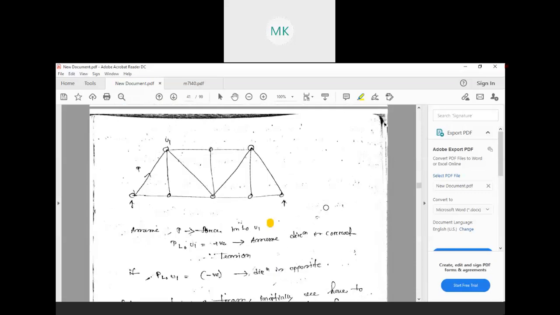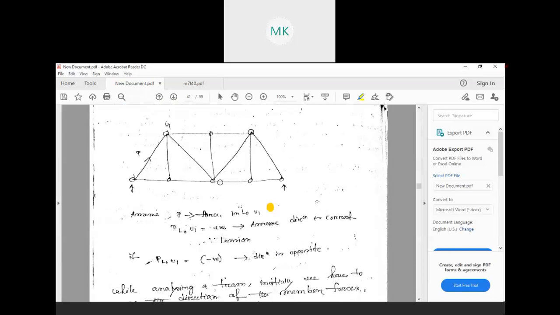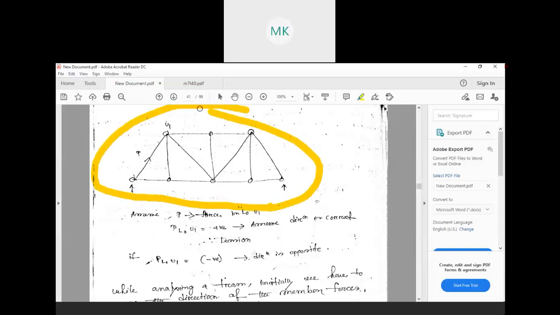Here, just for your understanding, if you consider this a truss and name the structure like this, we are assuming a load P in member E1. Let us consider a load P1 applied.